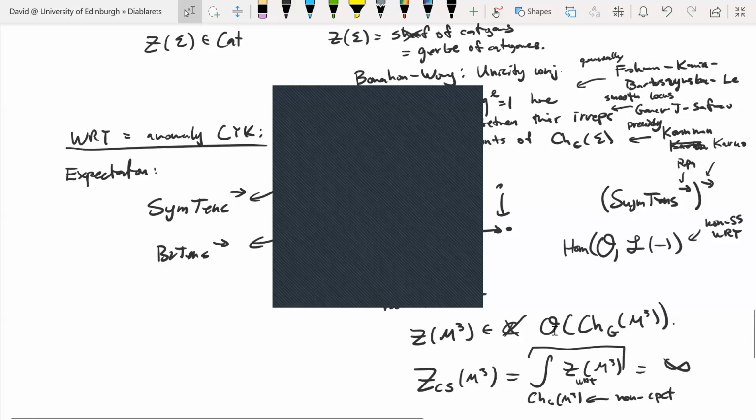Yeah, it's a good question. I'm not sure, but I think there's one way to think about the sorts of things we're discussing where that's sort of built in, in the sense that I think you can think of the parameter L. So L is related to the level in Chern-Simons.